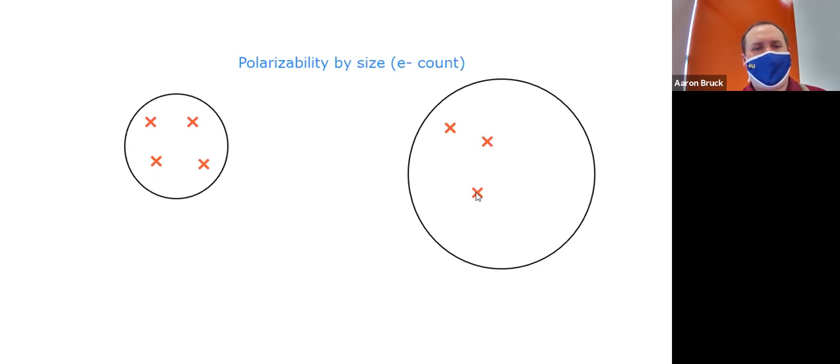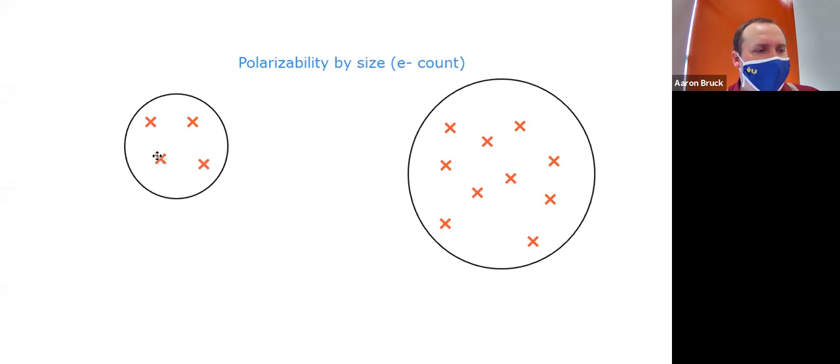In this one, I have 10. When it comes to polarizability, there are only a few combinations in this group of 4 that would actually create a polar dipole.